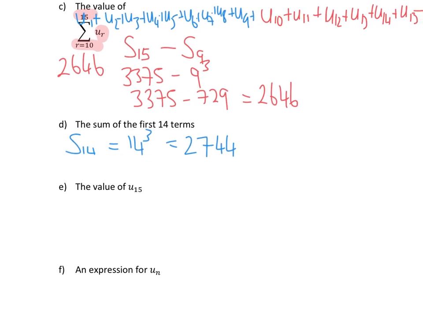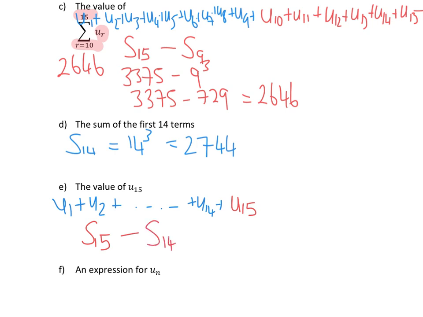E, what's the value of U15? So it's asking for just one specific term. Well, my formula only lets me work out the sum from U1 to that number. So if I do U1, U2, all the way up to U15, I need U14 as well. Then to get just U15, that's S15, take away my blue ones, so take away S14.